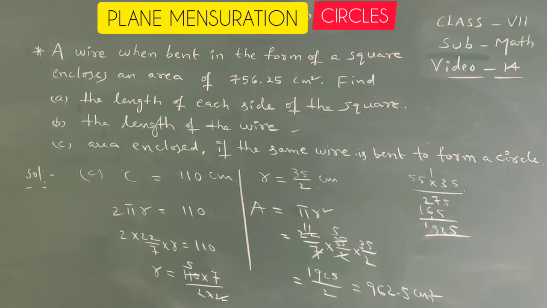Next, length of the wire. Actually, the wire is bent in the form of a square. If you extend, we have the length of the wire with the help of the perimeter. Now perimeter equal to 110 centimeters we got. Now the total wire is bent in the form of a circle. Then circumference of the circle is 110. Then area. Most important problems, these.